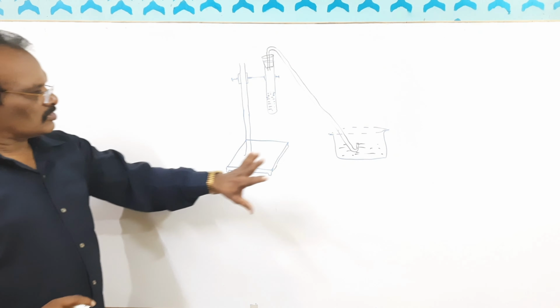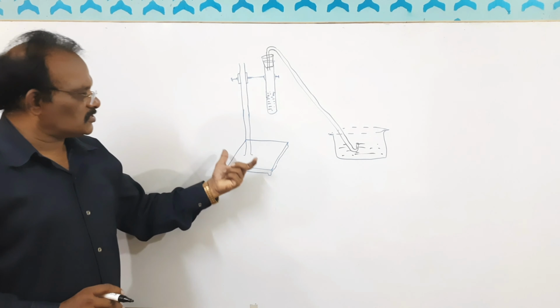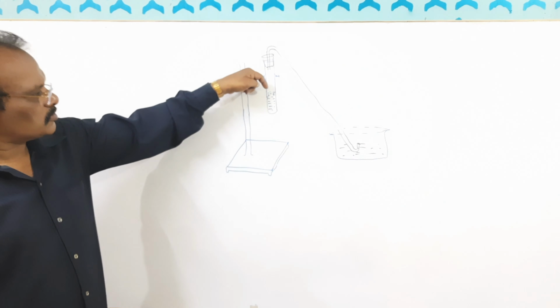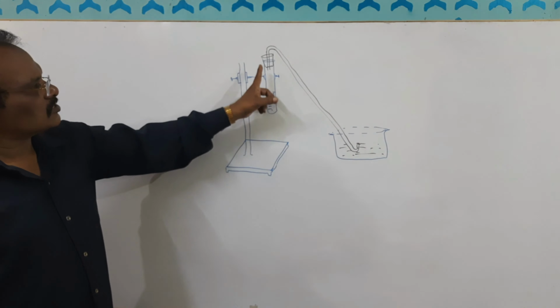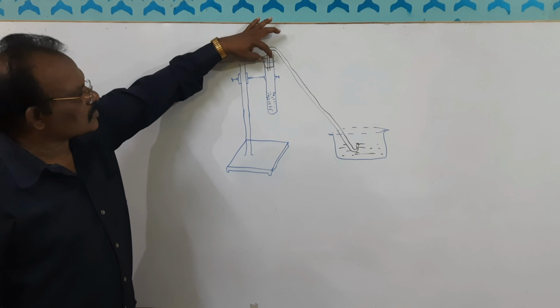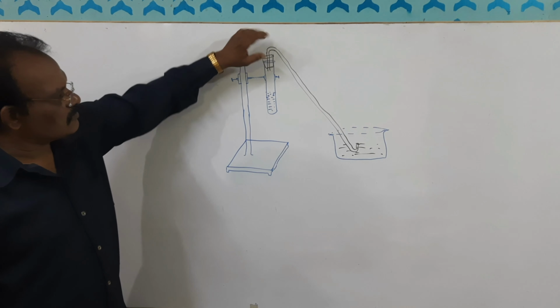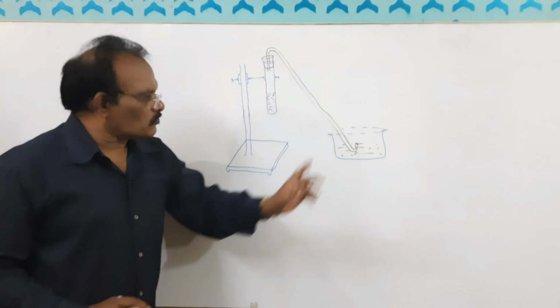Now, this is the apparatus we have set up. This is the stand. This is a test tube. Here inside it is dilute sulfuric acid. A delivery tube is there. This is the cork we have covered it with. And here is soap water.